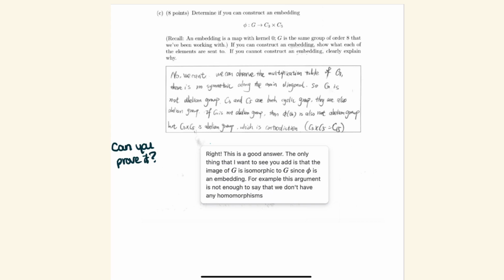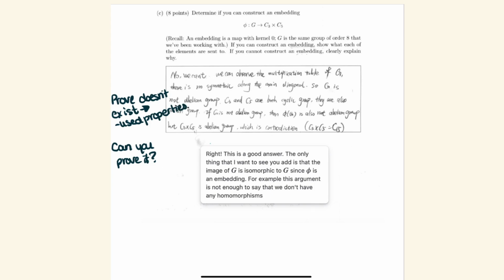Now, like a lot of contradictions, if you want to prove that this sort of thing doesn't exist, this approach used properties or compared properties, which is a great strategy.